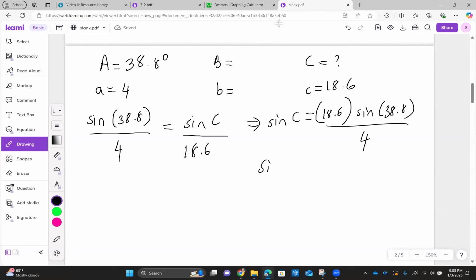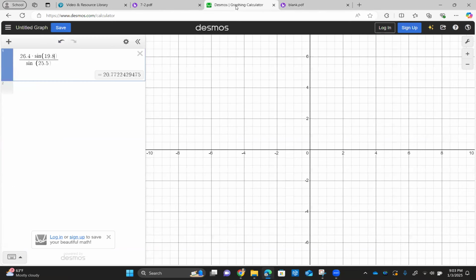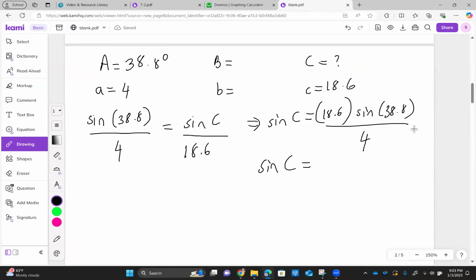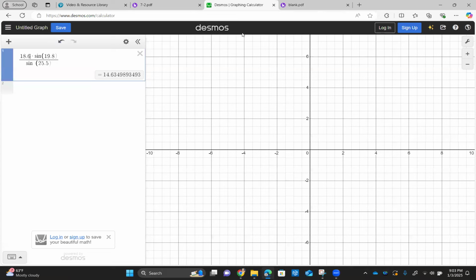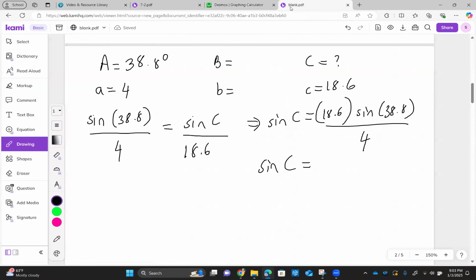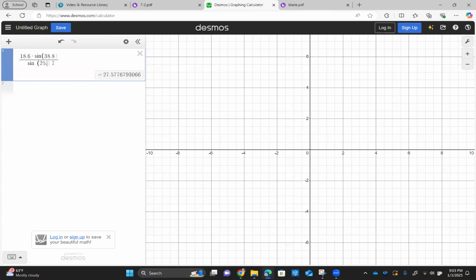So I want to ask the calculator to locate the sine value for angle C. 18.6 is the first value, and then we're going to multiply it by sine of 38.8, and then the denominator is just 4. So the calculator gives me that for angle C, the sine value must be 2.9.